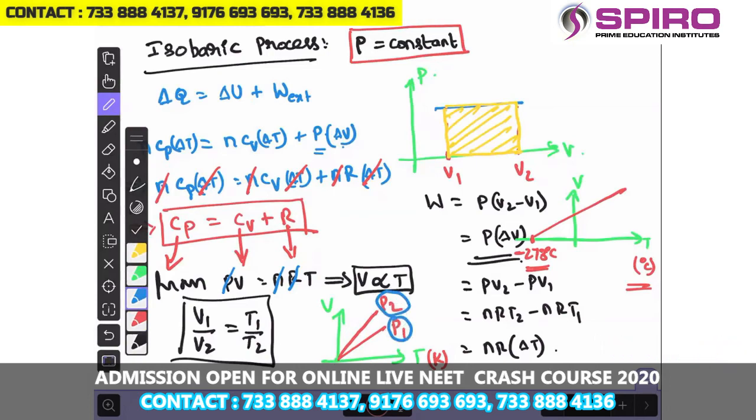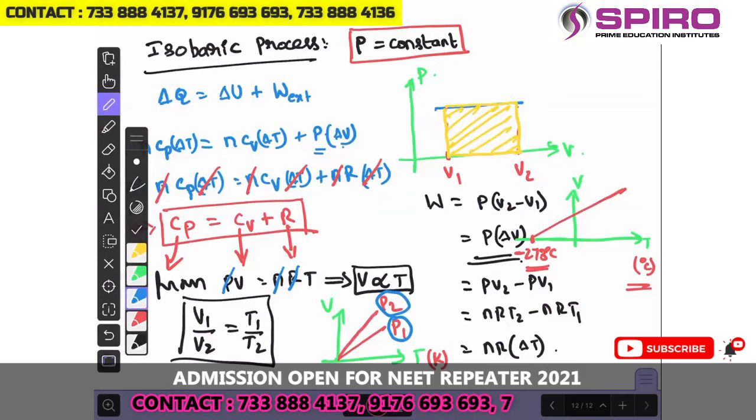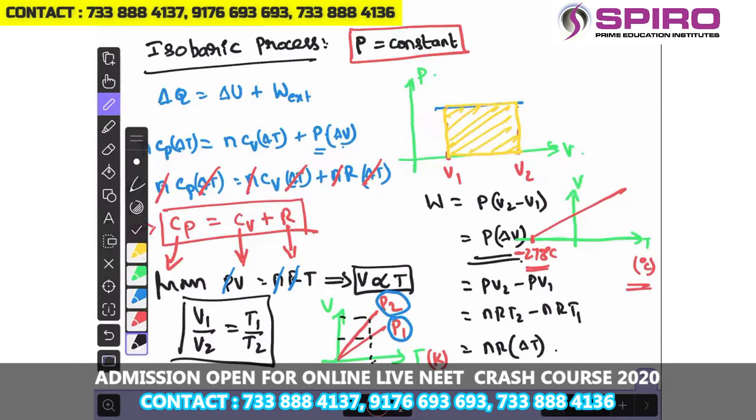If you go for that analysis, you go for a constant temperature process. You take a reference line, a constant temperature line, where volume values are there. The P1 corresponding volume is V1 and P2 corresponding volume is V2. Okay, so V2 is greater along the y-axis.